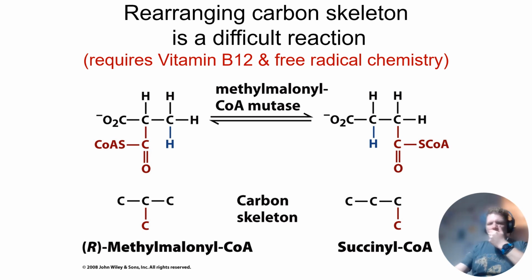I apologize for yawning. We're going to rearrange this carbon skeleton. Now this is a difficult reaction and requires vitamin B12 and some free radical chemistry. This methylmalonyl-CoA mutase, this is what's going to be responsible for doing it. We're going to take the carbon skeleton from this structure right here to this structure right here.